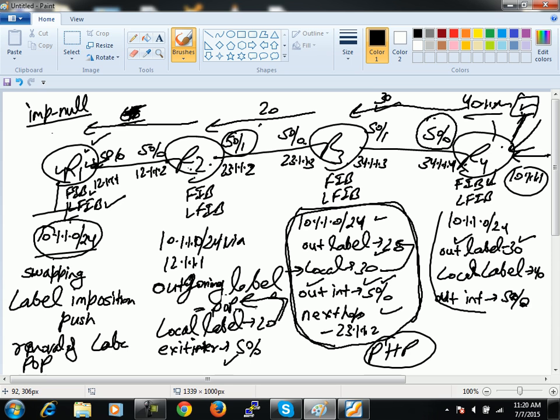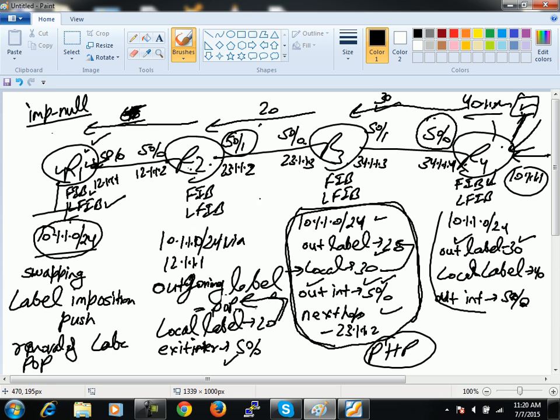No, never. For directly connected prefixes, MPLS will always generate its label as implicit null. So whenever it advertises that directly connected prefix towards its neighbor, it will go with implicit null. So for the neighbor devices, the outgoing label will be implicit null, which means pop. This PHP is enabled by default.